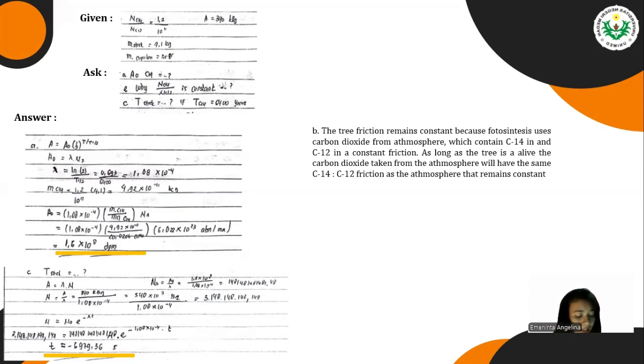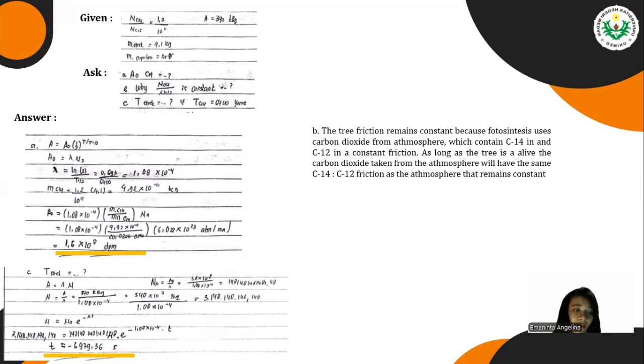And the activity is 340 kBq, and the mass of the stick is about 4.1 kilogram, and the sample is about 2.5 gram.